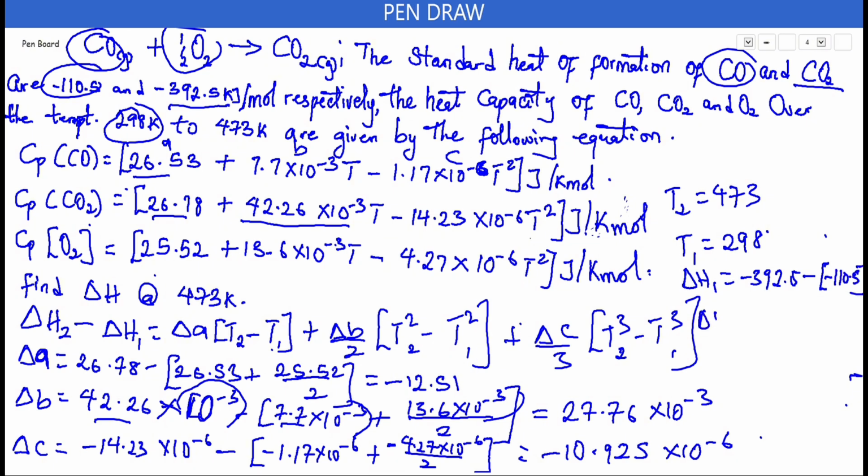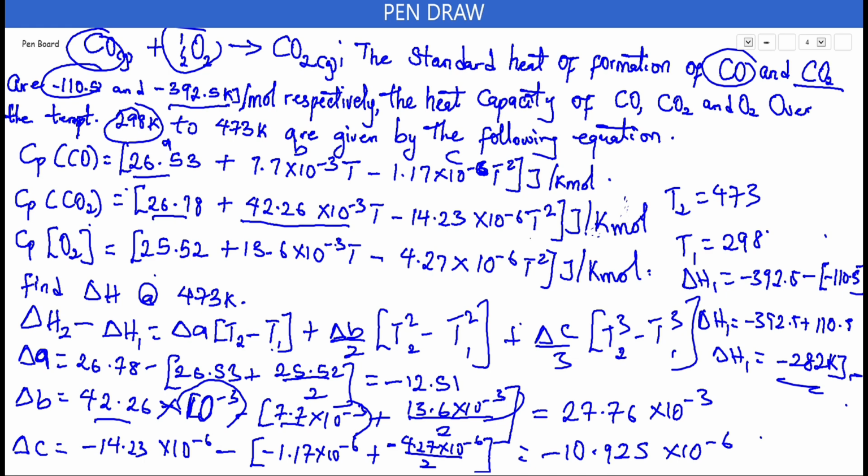So our change in H1 will be equal to minus 392.5 plus 110.5. And that should give us change in H1, we can tap our calculator, minus 392.5 plus 110.5, which automatically gives us minus 282 kilojoules. Now don't forget that this is included.